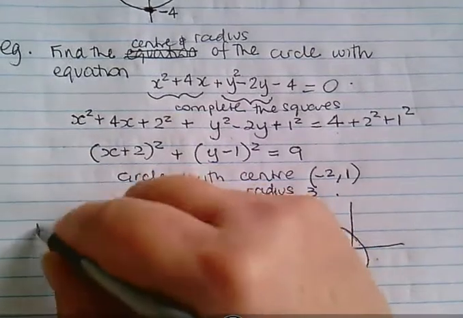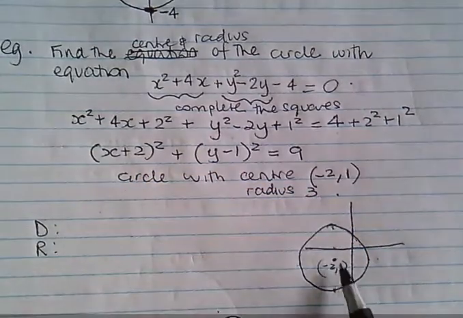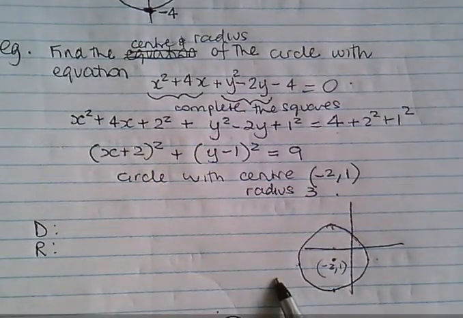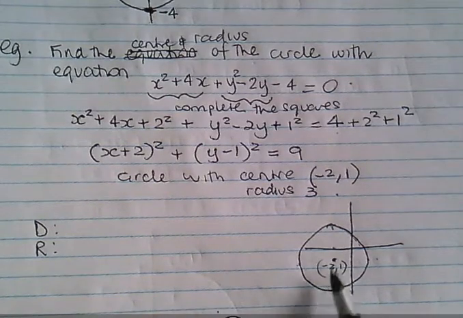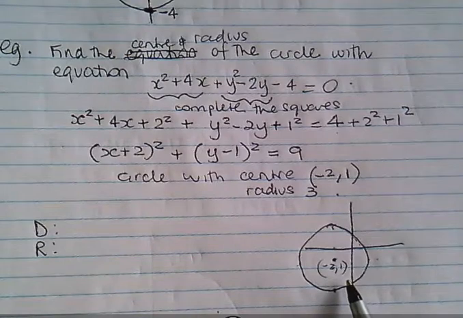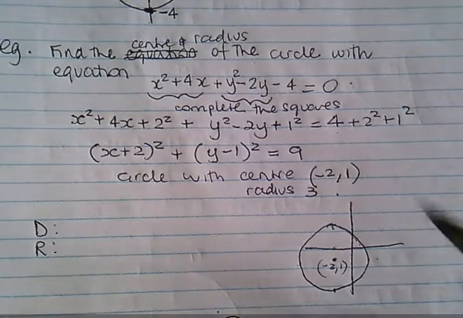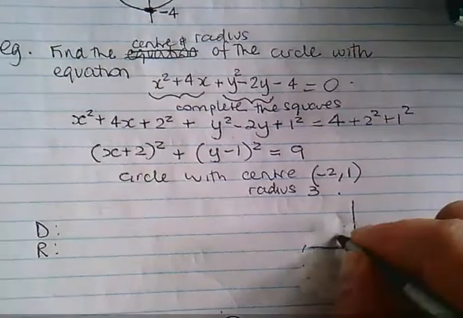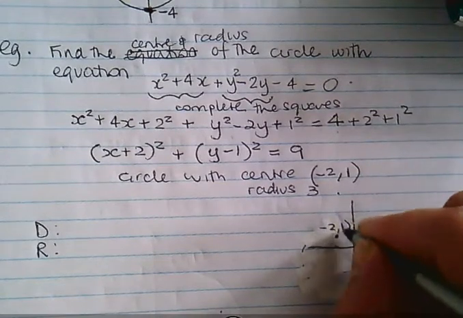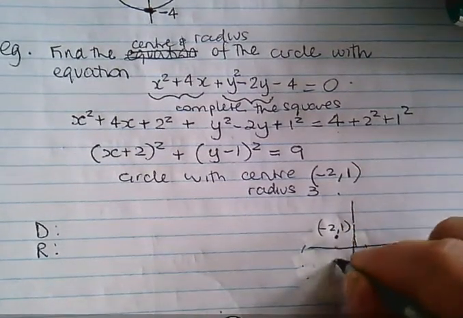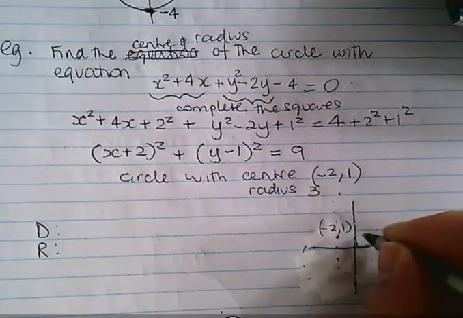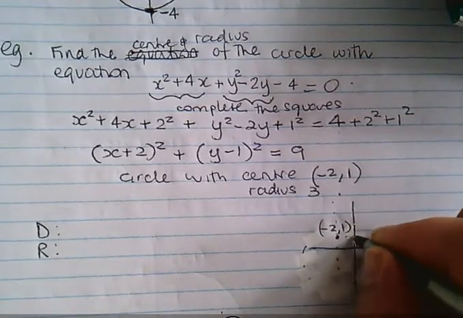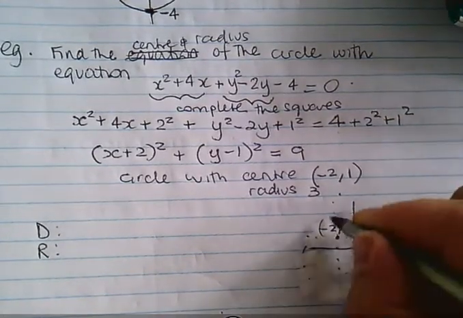So let's look at the domain and the range. From the -2, you go back 3. Does that make sense? Because that's the x value. (-2, 1). Oh, yes, of course. Sorry about that. Now we want to go down 3, up 3, across 3, across 3. I know it's a bad drawing.